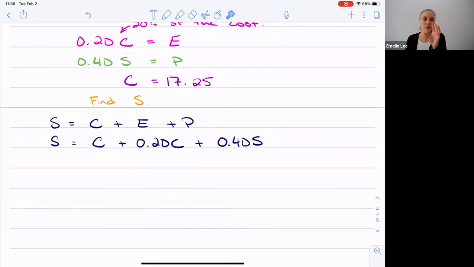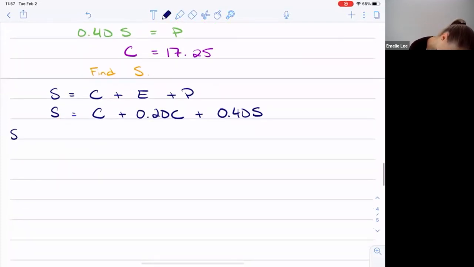I'm just going to move this 0.4S over to the left-hand side. So I need to subtract 0.4S from both sides. So I get S minus 0.4S is equal to C plus 0.20C.